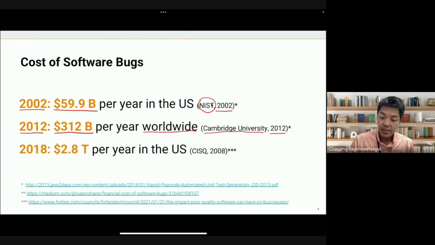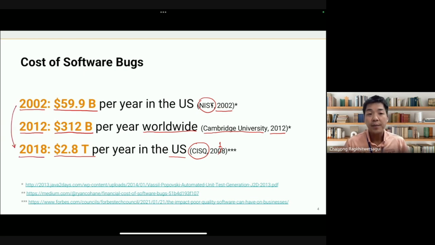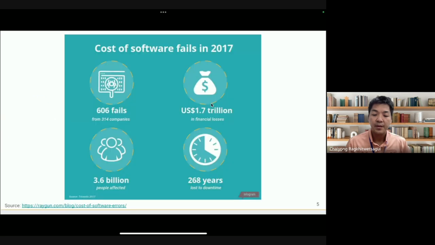In 2018, another organization called CISQ also did a study of software bugs in the US alone, and they found that the cost of software bugs is $2.8 trillion. So if we compare these two studies, the cost of software bugs after 16 years has increased a lot, from billions to trillions. There is also another study of software failures in 2017.